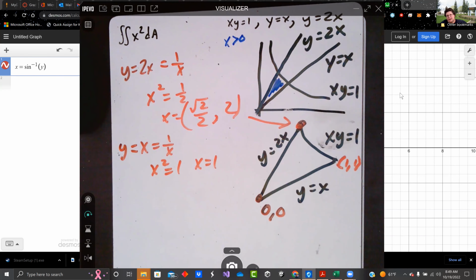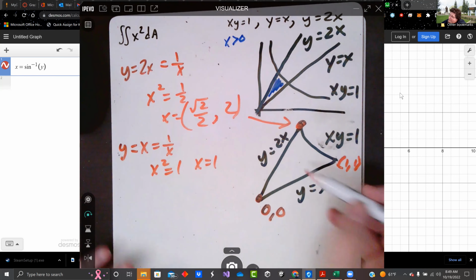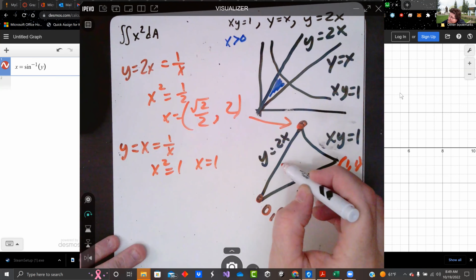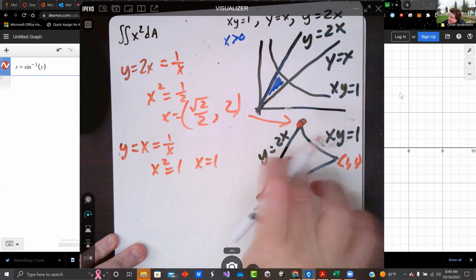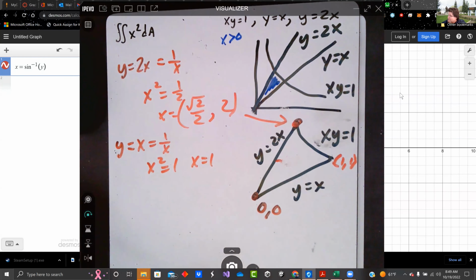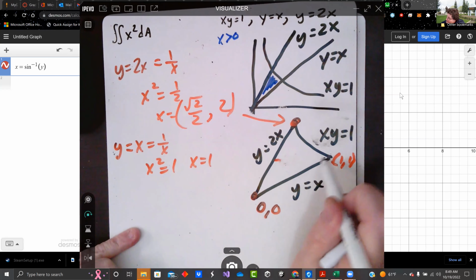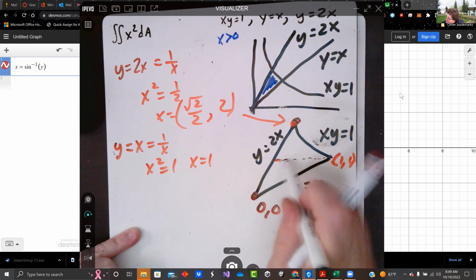And it looks like no matter which way you integrate this, you're going to have to do two integrals, right? If we go this direction first, I'll draw a little dotted line to show the boundary.